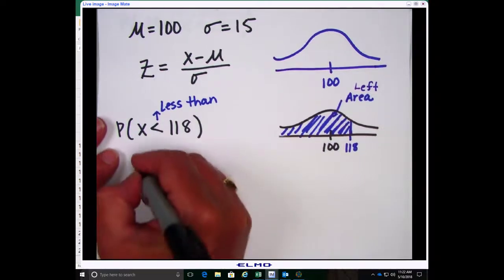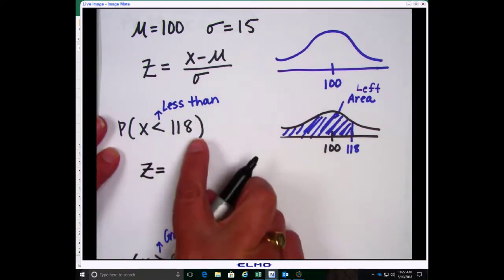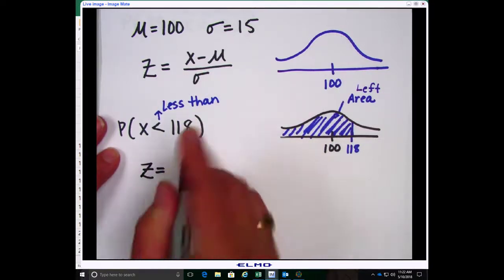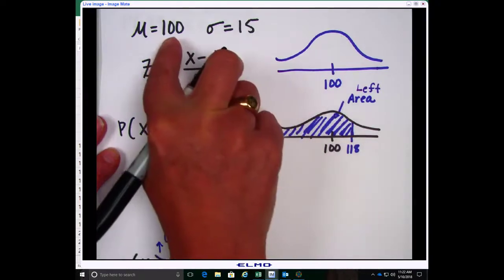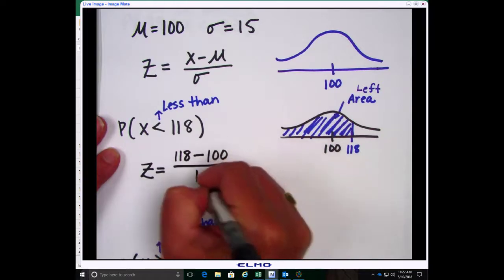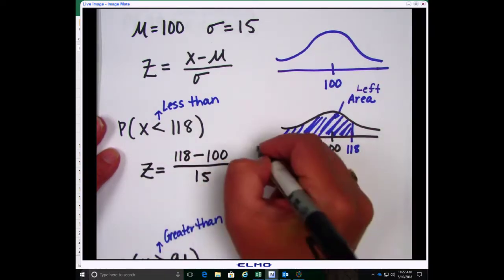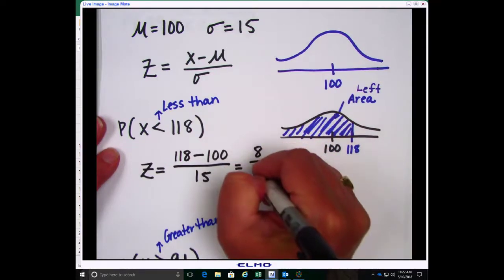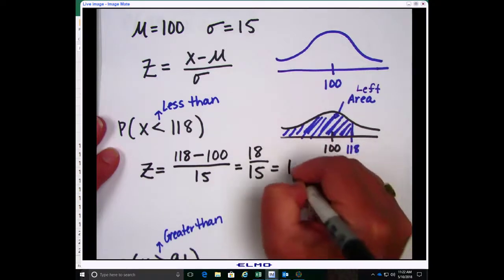All right, so first we're going to calculate our z-value. It's going to be equal to x, well, we filled this number in for x, minus our mean that's given to us as 100, divided by our standard deviation, 15. 118 minus 100 is 18, divided by 15, and we get 1.20.